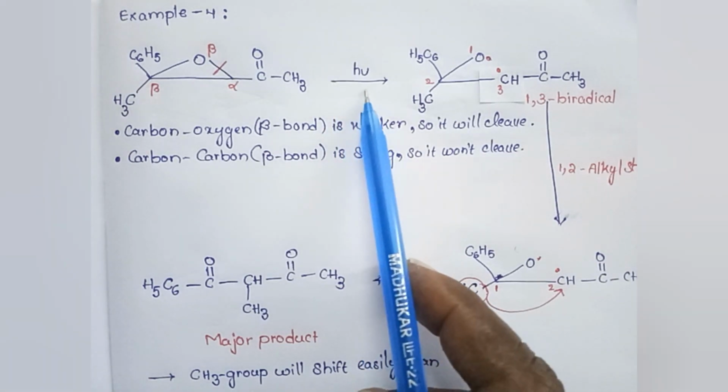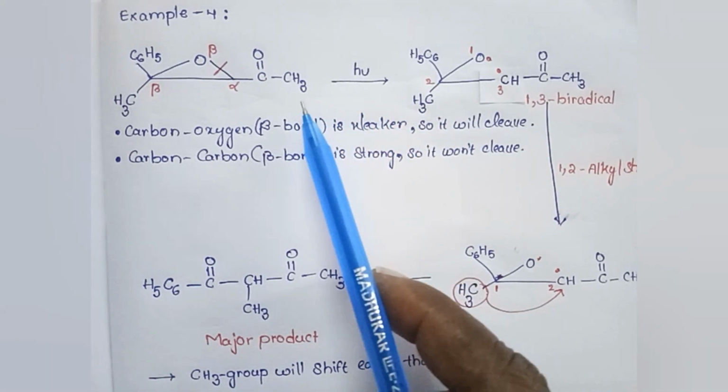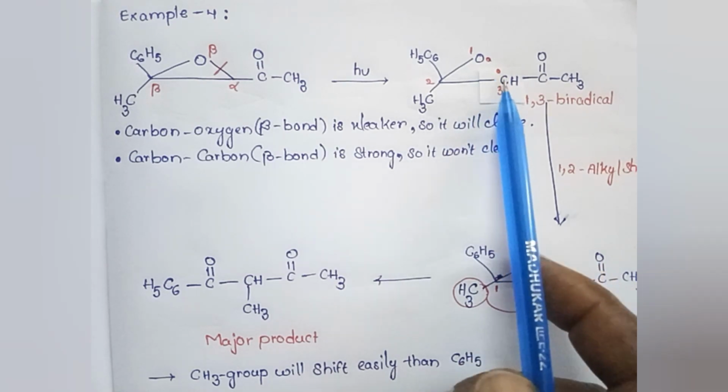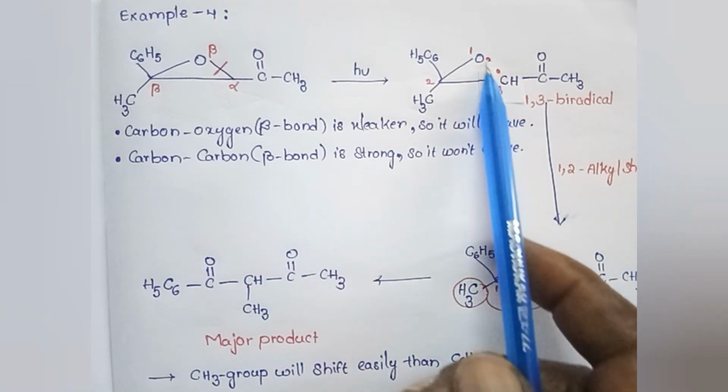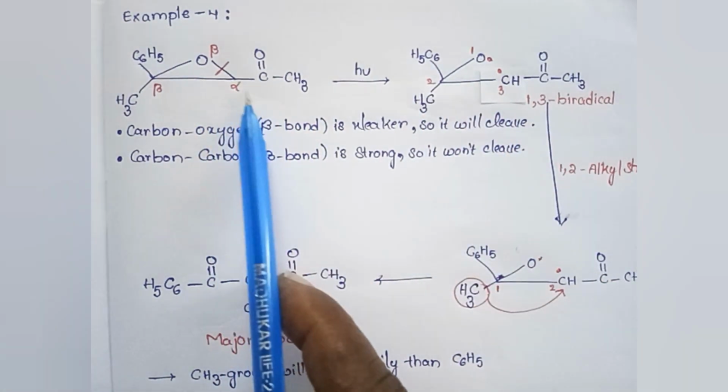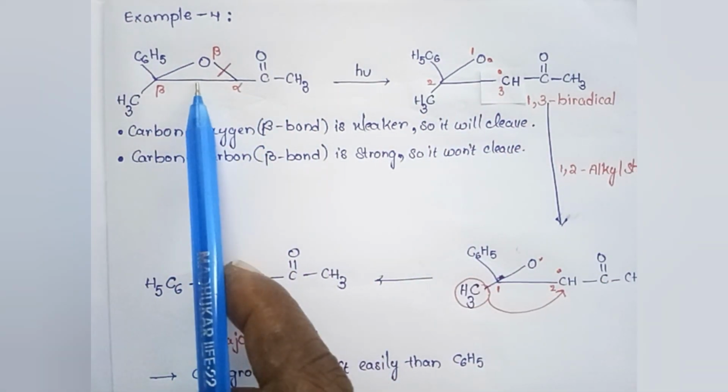When it is irradiated by UV light, the bond between oxygen and carbon atom cleaves. This is the beta bond, this is the beta bond, and this is also a beta bond.